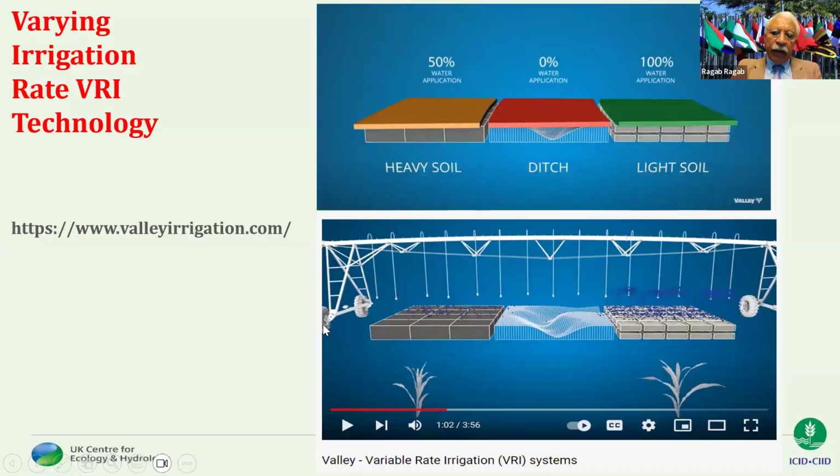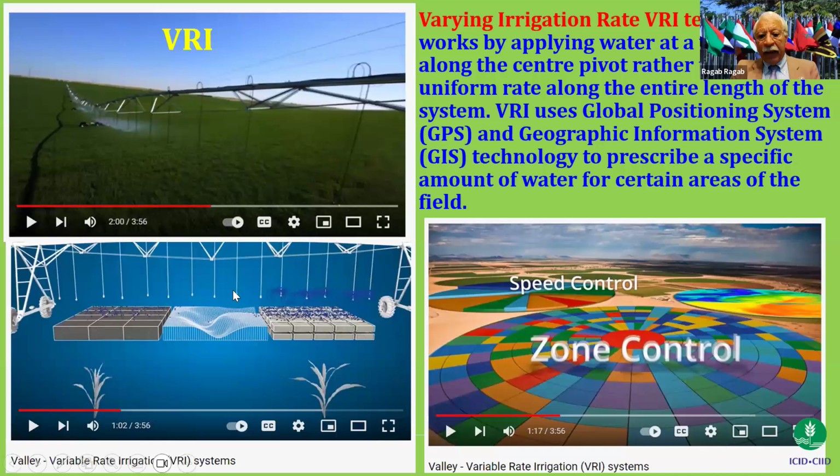Another thing came also recently, in maybe the last 3 years only, the variable rate irrigation, VRI technology. And that's related to the center pivot system, where you don't need to irrigate equally the land under the span of the center pivot system, because you might have light soil, ditch, heavy soil. You don't need to add the same amount of water if under the center pivot system you have that sort of variations.